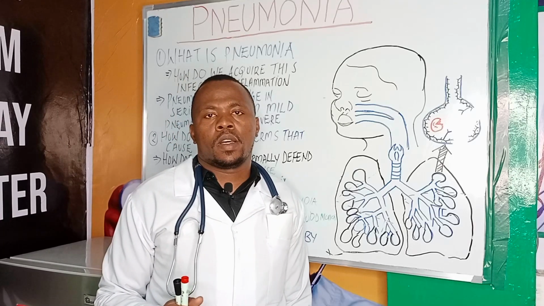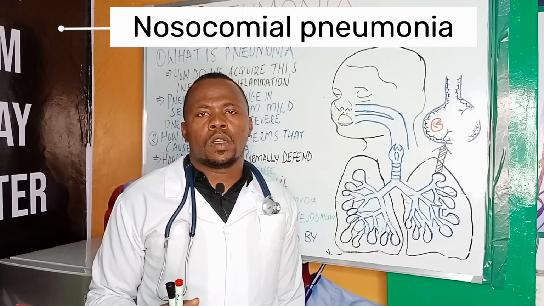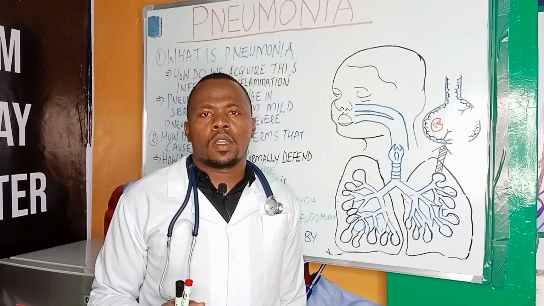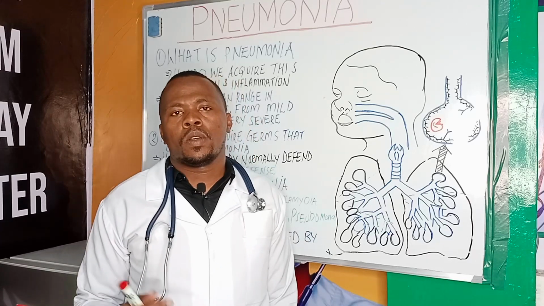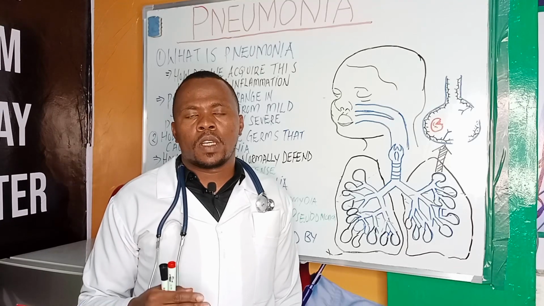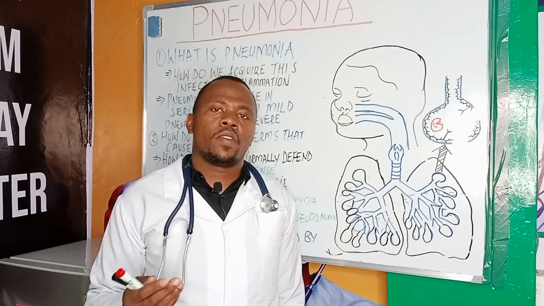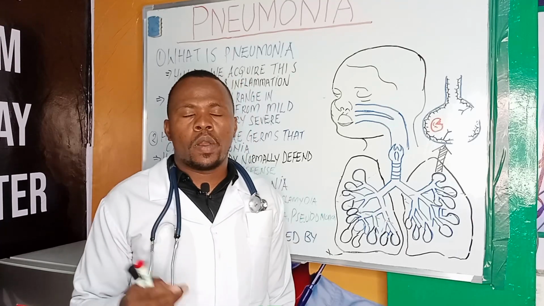And last, we have nosocomial pneumonia. Nosocomial pneumonia is a pneumonia that you acquire from what we call aspiration. We have said aspiration is when food, fluids, drinks, saliva, or vomit enter into your airway.